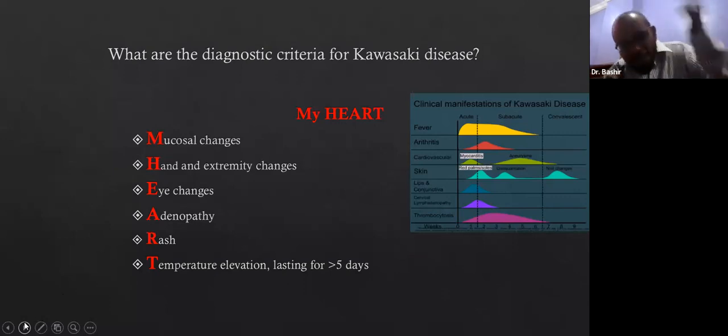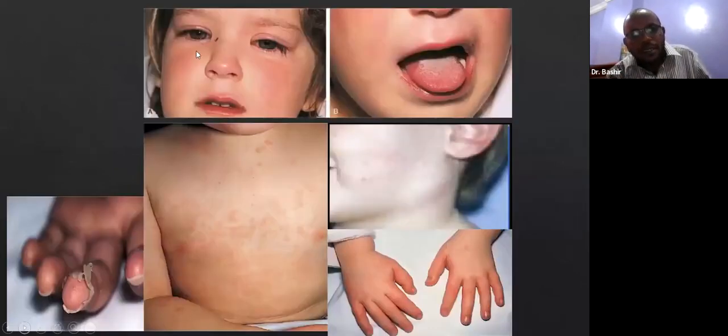If there is no thrombocytosis, repeat again after 1 week and you will find thrombocytosis. Here, this is bilateral conjunctival injection, non-purulent, there is no pus. Strawberry tongue, polymorphous rash, and here we can see erythema and edema of the hands. And lately, you will find this peeling, which is characteristic.